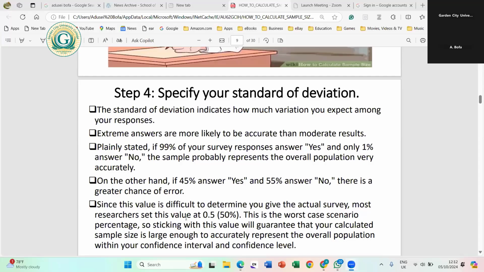You have to know the rate at which it's deviating, those who are experiencing and those who are not experiencing malaria. That is what we refer to as the standard of deviation. In most cases, researchers split it.